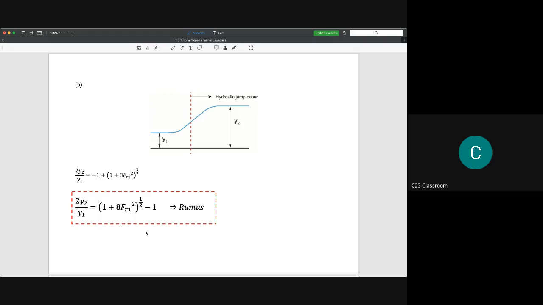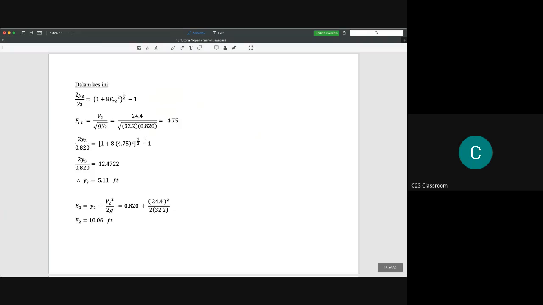Okay. So this is the formula to calculate the ratio, or comparison, of the height before and after the hydraulic jump. In this case, point number 3 is the point after the hydraulic jump and point number 2 is the point before the hydraulic jump.